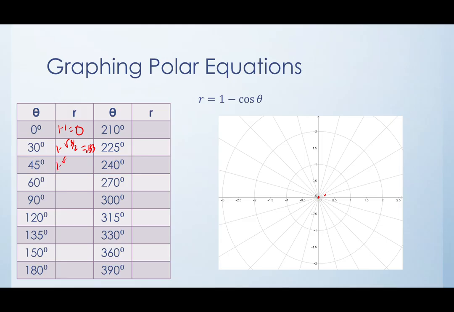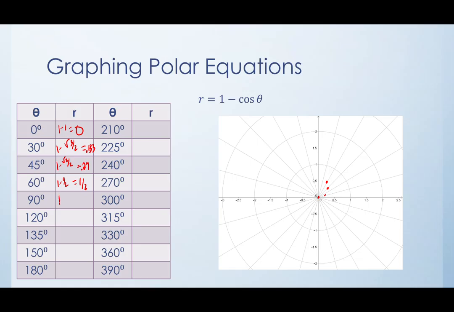At 45 degrees, 1 minus root 2 over 2, which we can throw in our calculator, is going to be about 0.29. So at 45 degrees we're a little bit further. At 60 degrees, 1 minus a half, which of course is a half, and so we'd be a little bit further out.